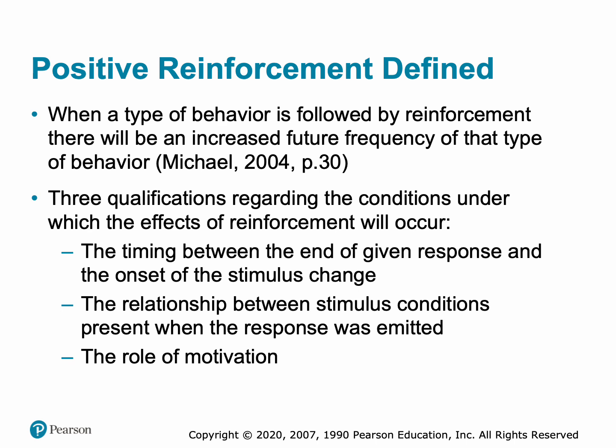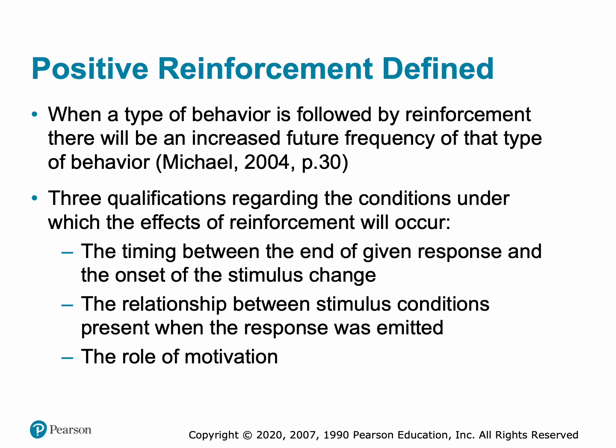And we're going to break down what this means, right? But there are 3 different qualifications necessary, or conditions under which the effects of reinforcement are going to occur. So we need to consider how quickly after a behavior occurs that stimulus is coming, because this is going to affect whether the behavior increases in the future or not, or whether that stimulus is going to function as reinforcement or not.